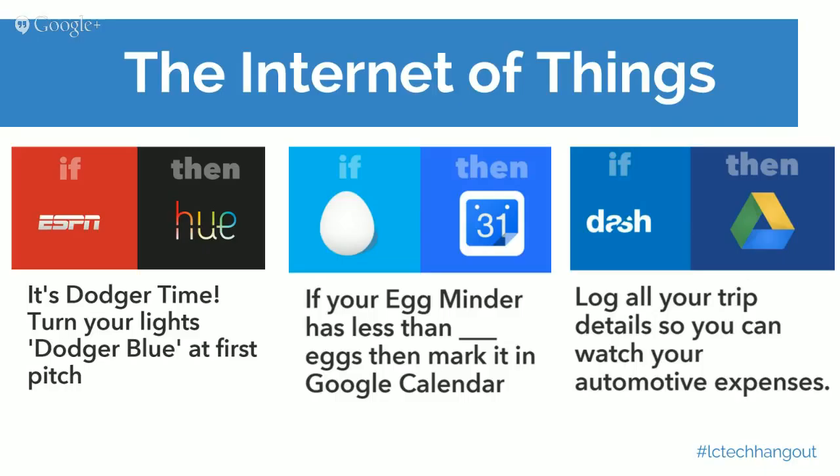Dash ties into your car computer, it tells you how many miles you've driven, and then you can log all of that in Google Drive on a spreadsheet, which I just think it's crazy. Some of the things that you can tie together, all for free. If this then that is all free, so crazy stuff.